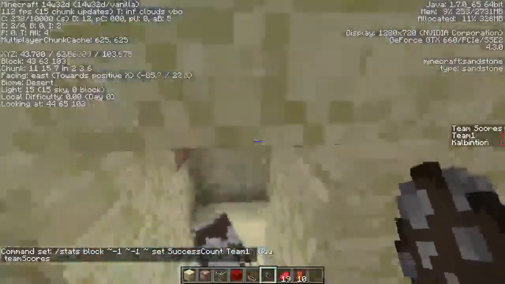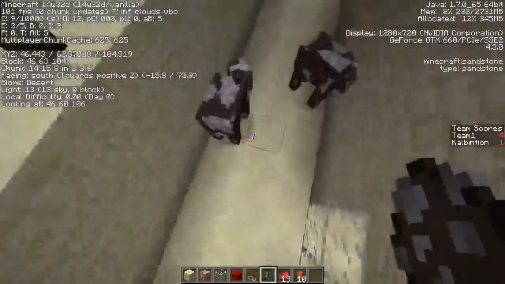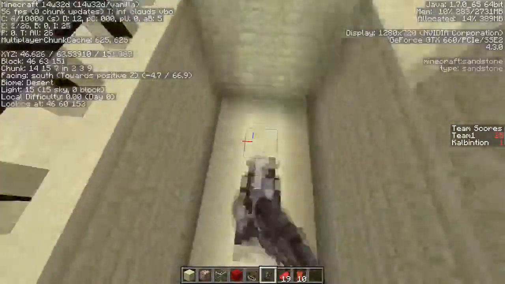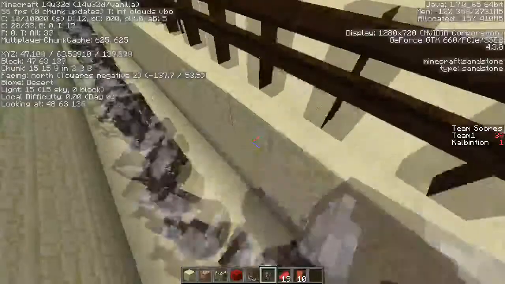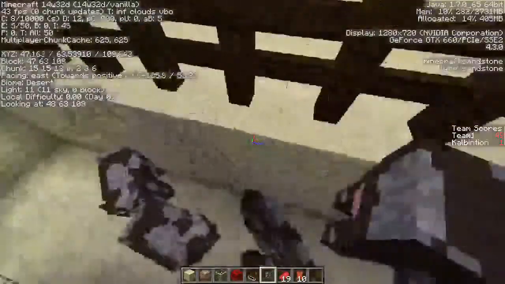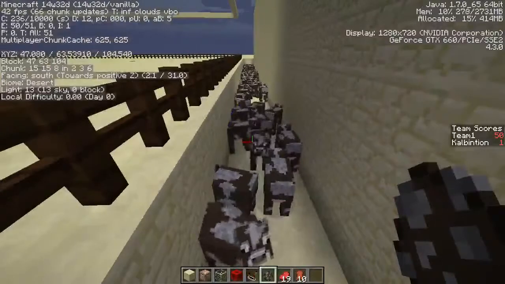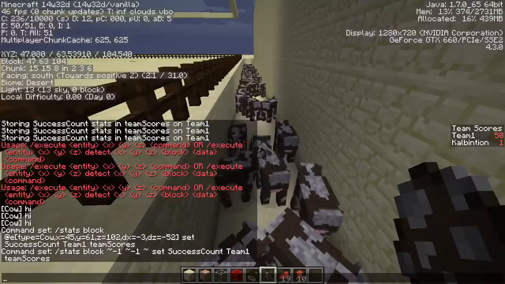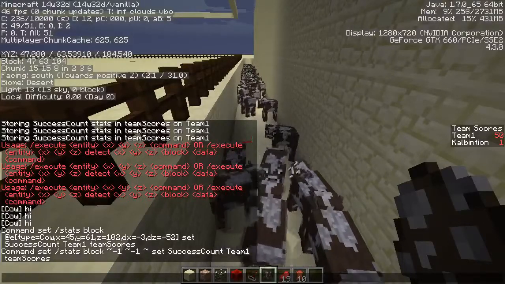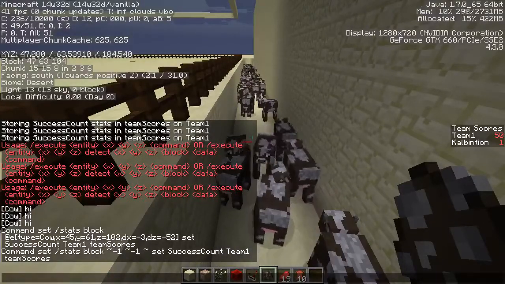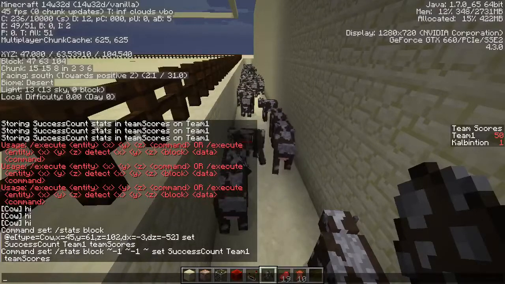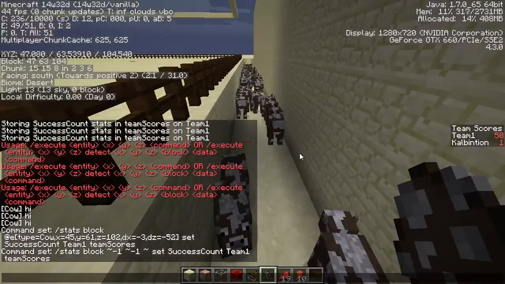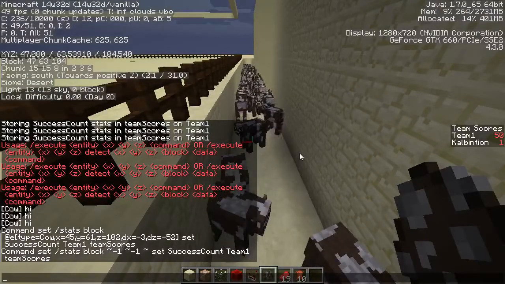Wait. Seems to work. Yeah, now I got 50 cows in there. It's all there. I don't understand why the stats entity didn't work then, since I was actually using execute afterwards.